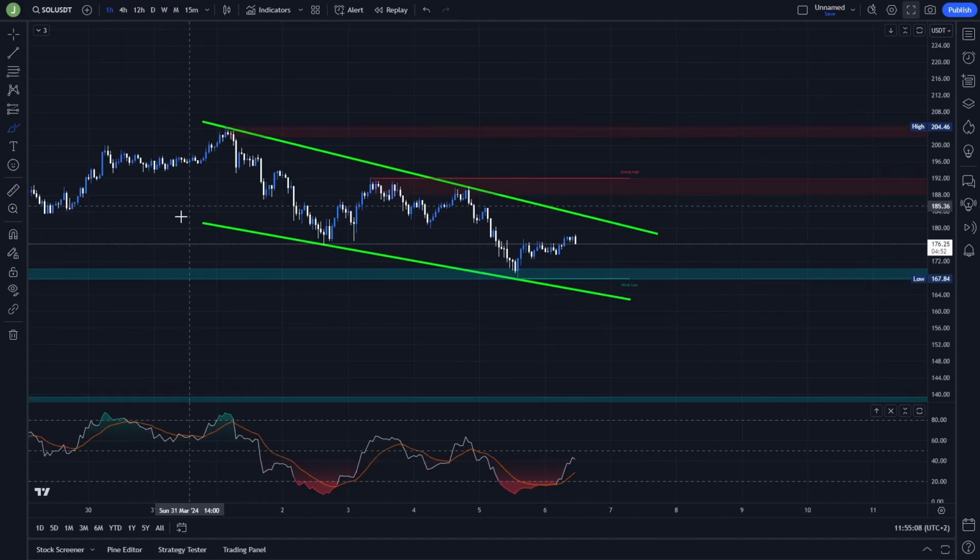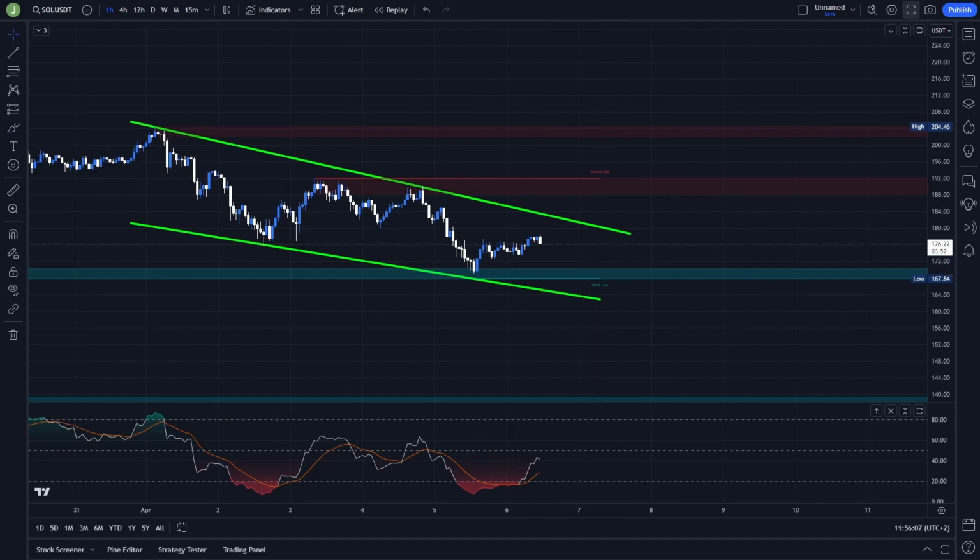As I said in the beginning, we are forming this falling wedge. So I want to see, for example, something like this: a liquidity grab, support confirmation above this support, then pull back up again, and then a support confirmation. Actually, we have two ways to handle this potential fake out. The first one is to set a limit order at this support, in which you will be speculating that the price will bounce.